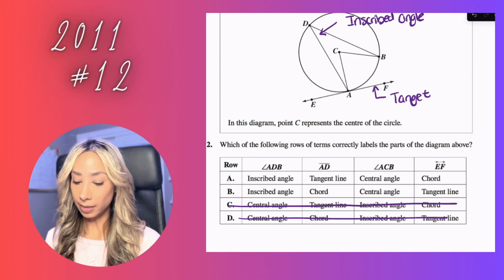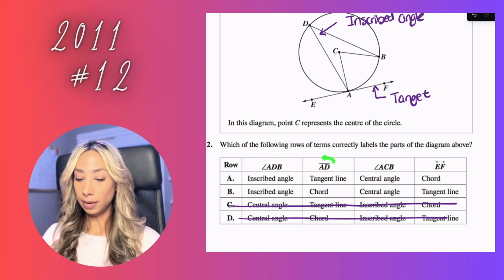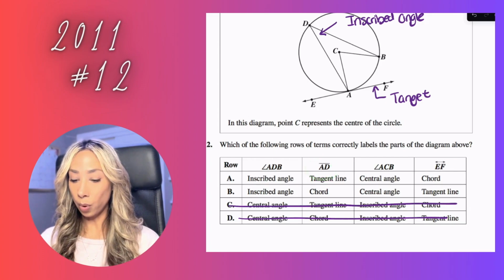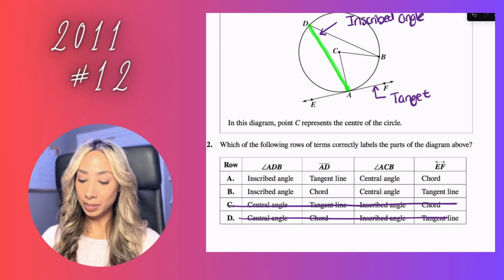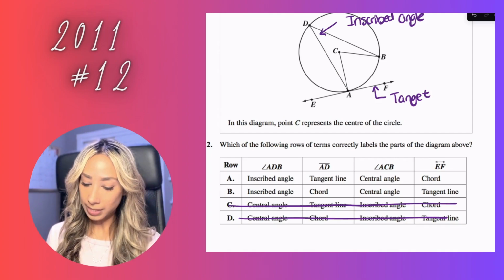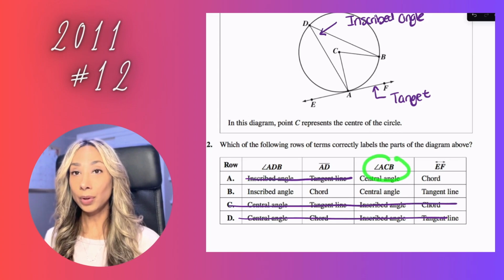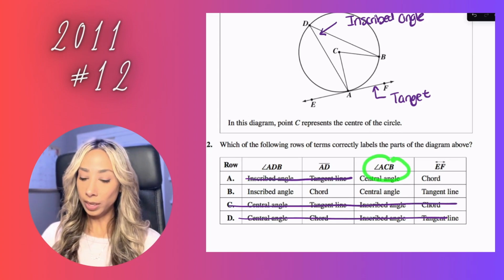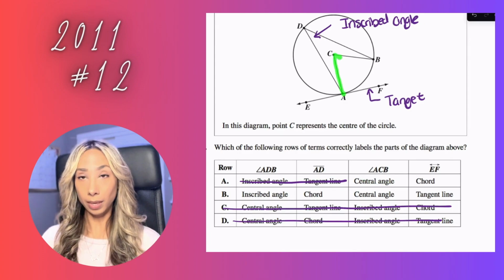We then can look at the next portion. Well, we've got line AD. Line AD starts at one end of the circle and ends at the other side of the circle. It does not go past the circle. That means it's definitely going to be a chord, meaning we can probably cross off the tangent. And then we have another symbol here, so angle ACB.